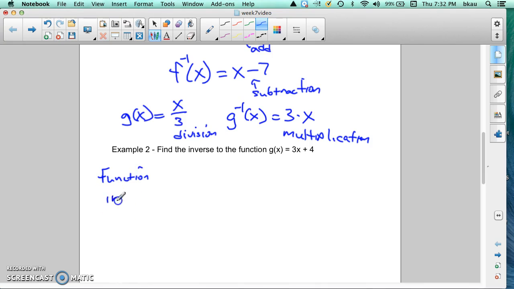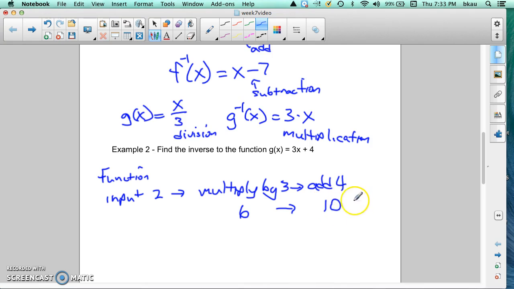If we input 2, we're going to multiply by 3 first, and we'll get 6. Then we're going to add 4, and we'll get 10. So our output for an input of 2 is an output of 10.